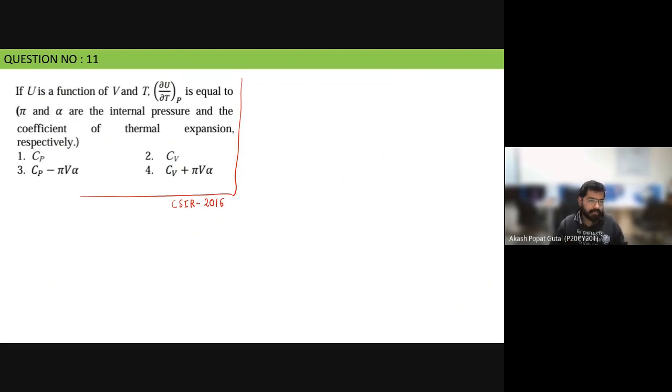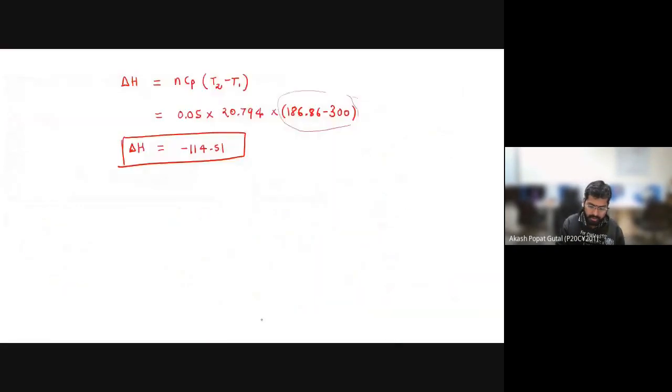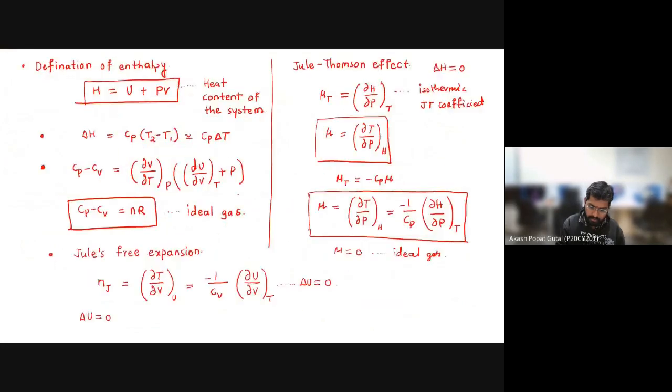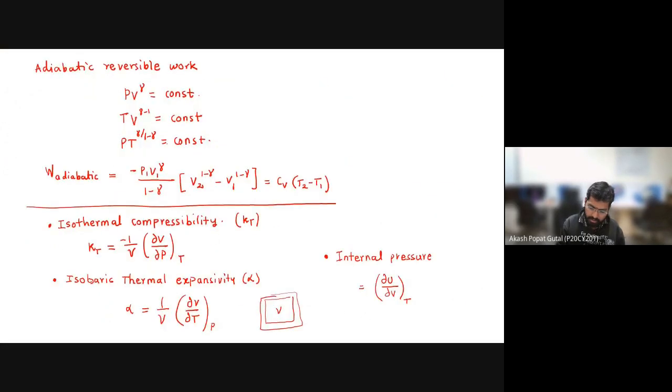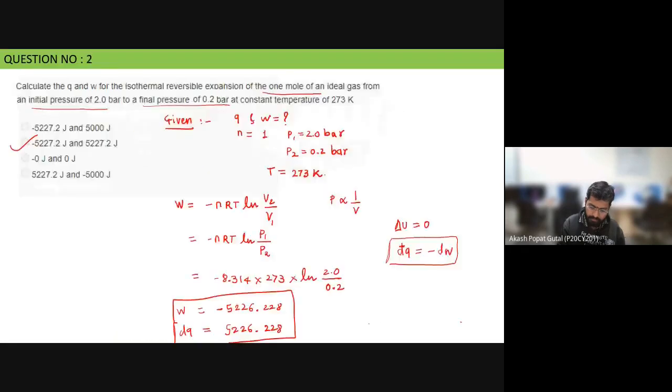So I will show what we have. The internal pressure I defined in the revision section, internal pressure and coefficient of thermal expansion. This equation you need to use.